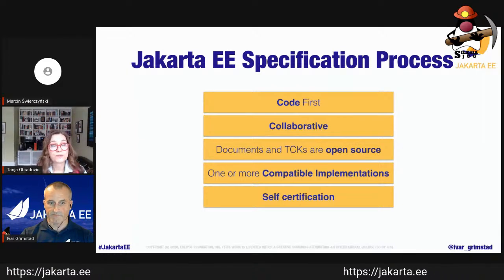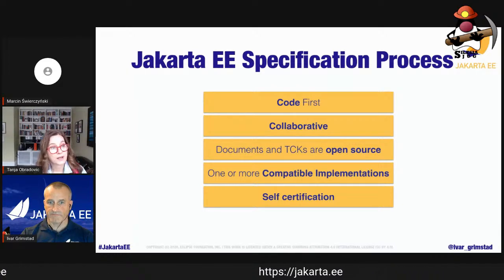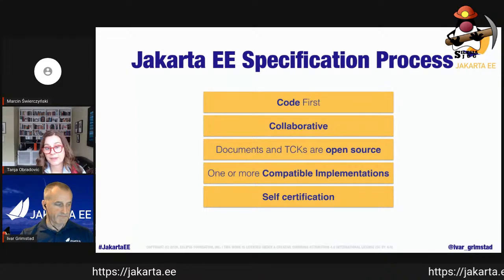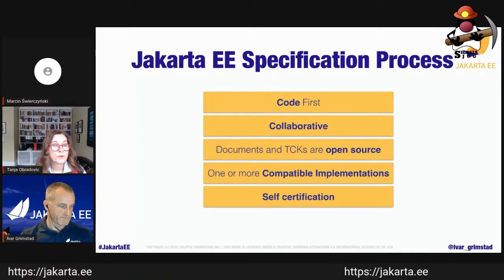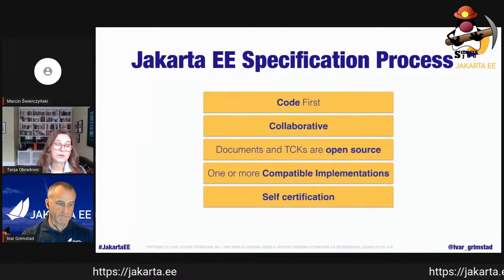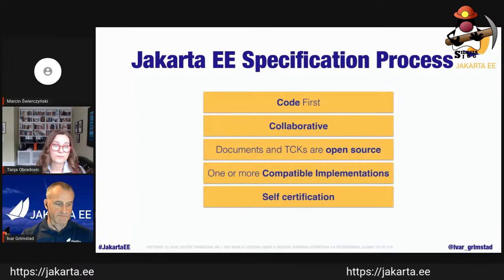Also, one of the differences is that we're now insisting on having one or more compatible implementations. Previously, we had the reference implementation, one and only, and we're trying to move away from that concept.